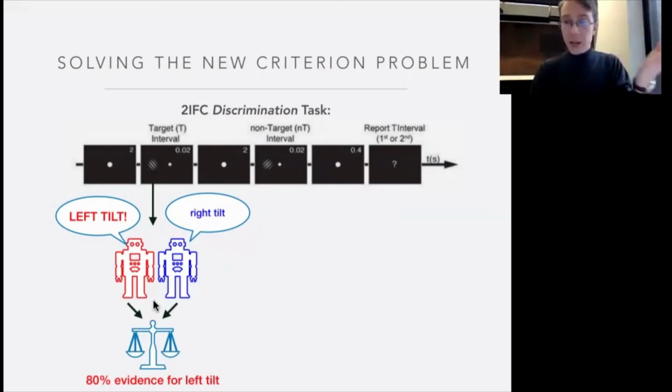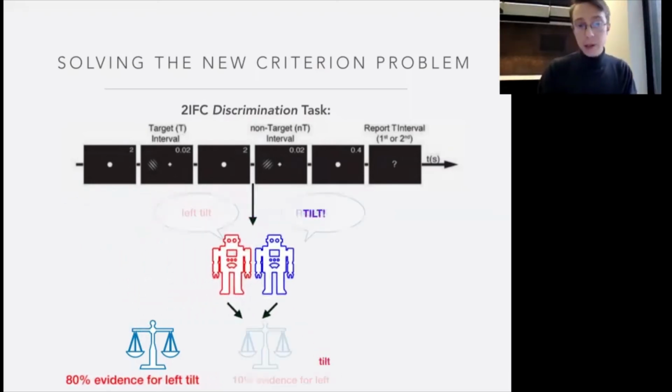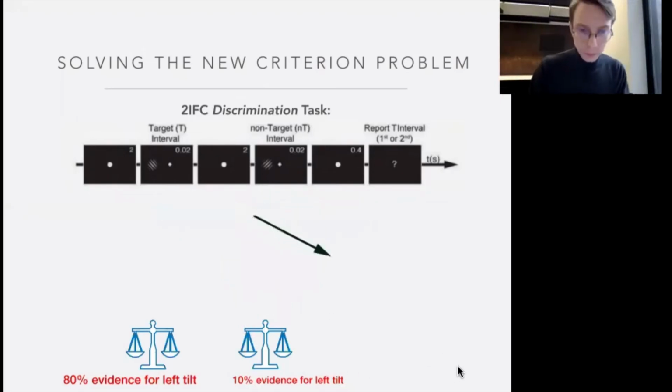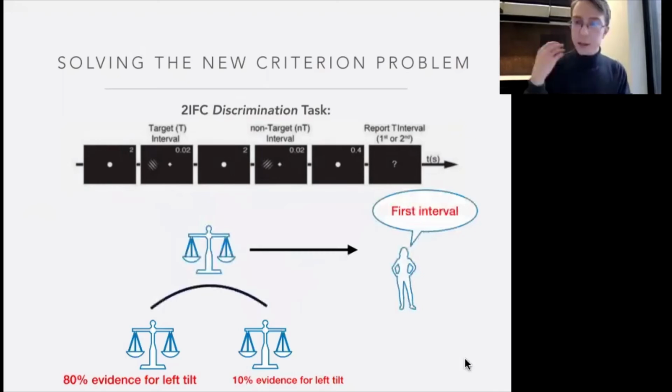So let's say that in that case, I have 80% evidence for left tilt. In the other interval, that's not the target, so my right tilt robot will be much stronger, and I'll get only 10% evidence for left tilt. And the way I can do this task is just compare the relative evidence for left tilt in those two intervals and answer with the interval with the highest relative evidence. That's how signal detection theory says you solve this task.